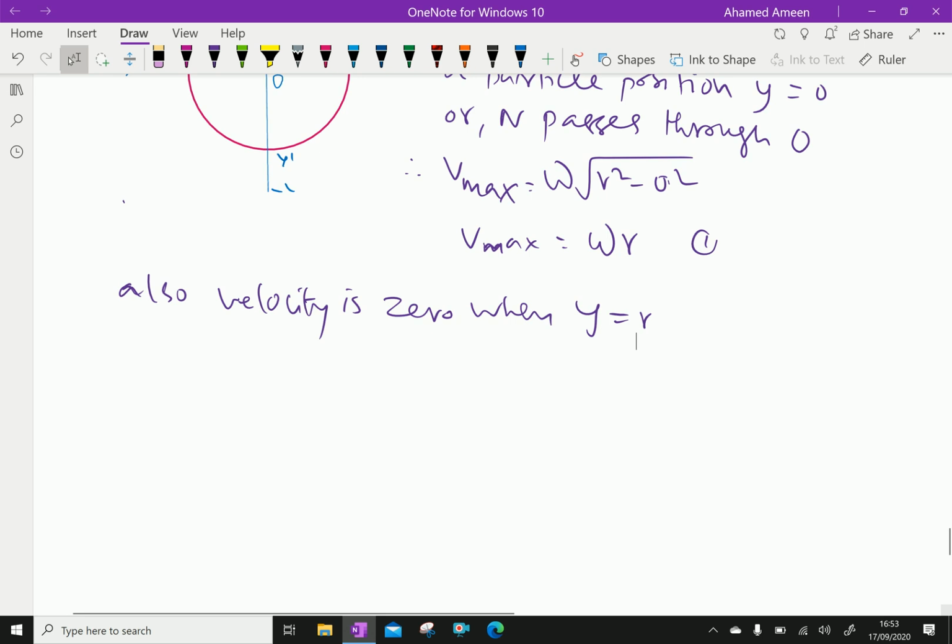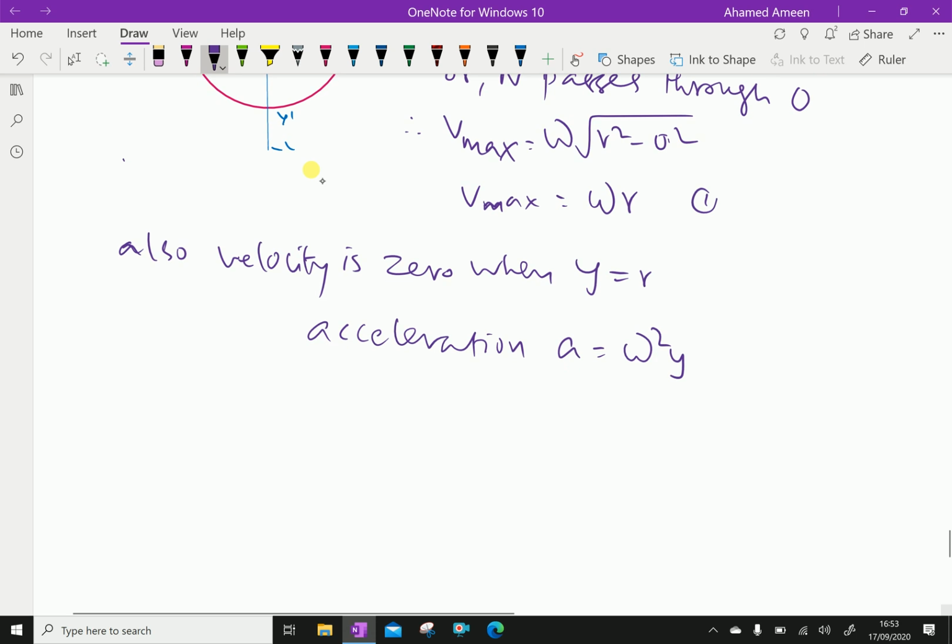Therefore acceleration a equals omega square y, and at the extreme position y equals r.